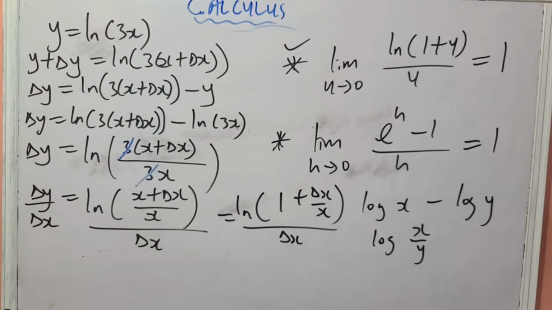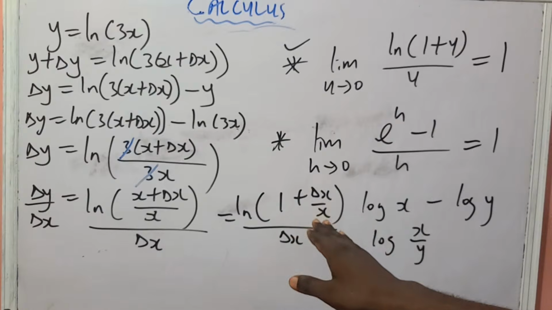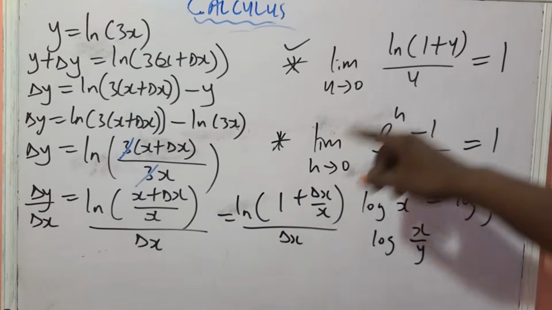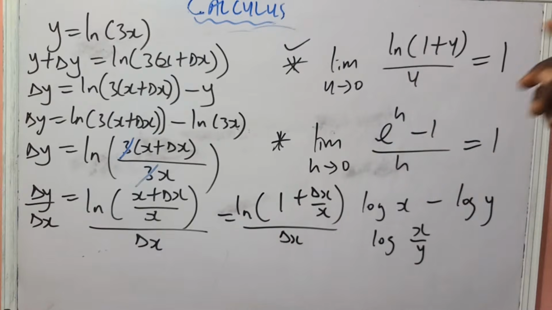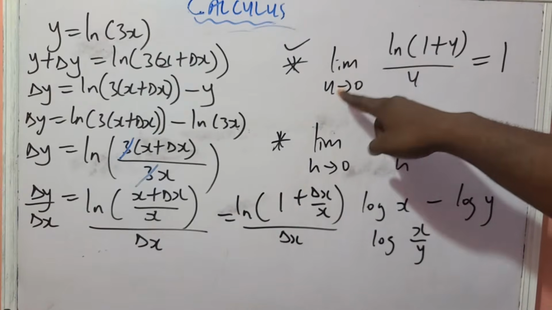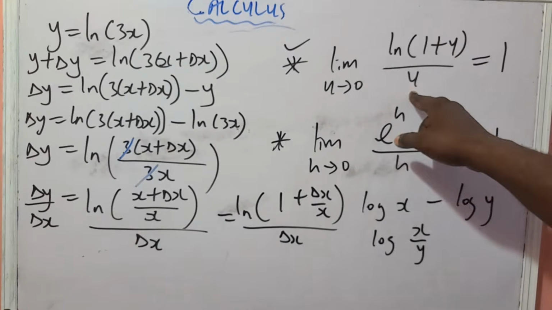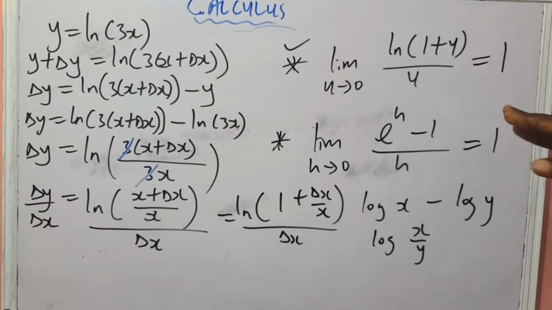This is 1 plus change in x over x. Look at something right here. This and this, don't forget, it is the limit of this. So u here can represent anything. I'm sure you guys agree with me. U can be literally anything.